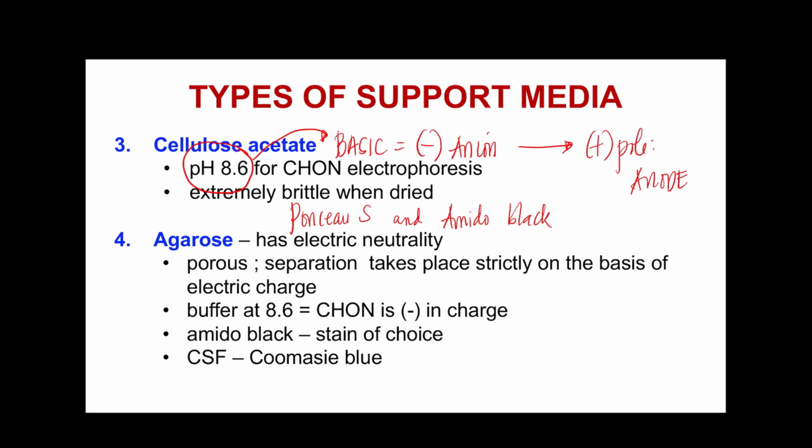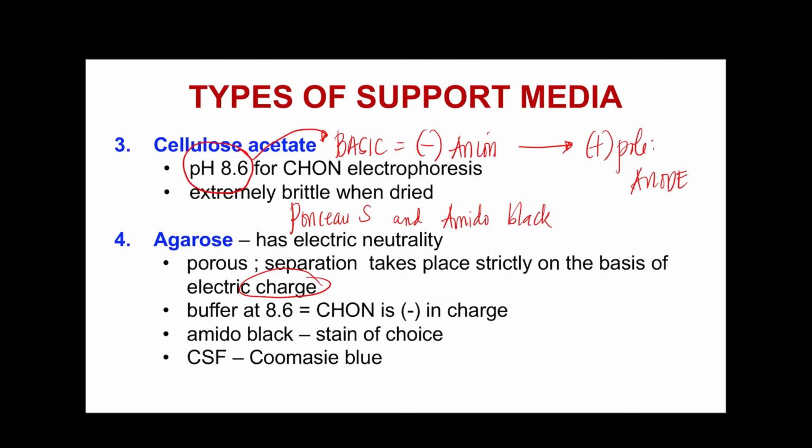Next one, we have the agarose gel. So this is made from seaweed and it has an electric neutrality. So that means there is a minimal electric charge on the agarose itself, so there's no interaction with proteins. And because of electric neutrality, the separation takes place strictly on the basis of electric charge, as I mentioned earlier.